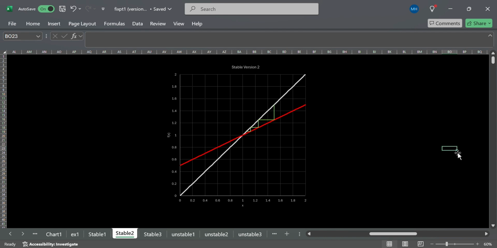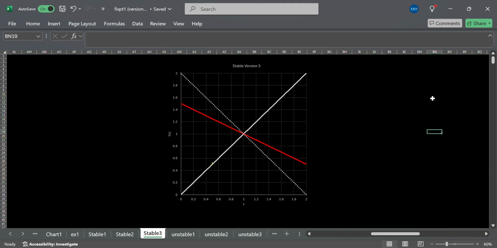We can also find stable versions where the slope is negative. In that case, it tends to spiral around in the circle. Let's do a negative sloped version. We'll start at 0.5.